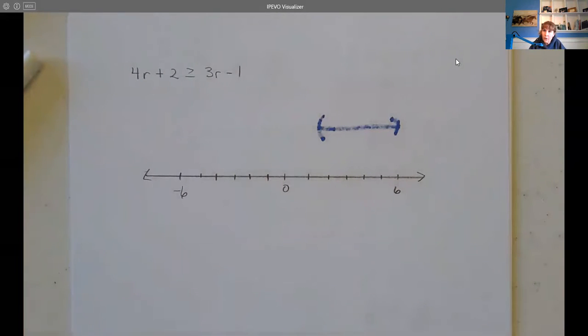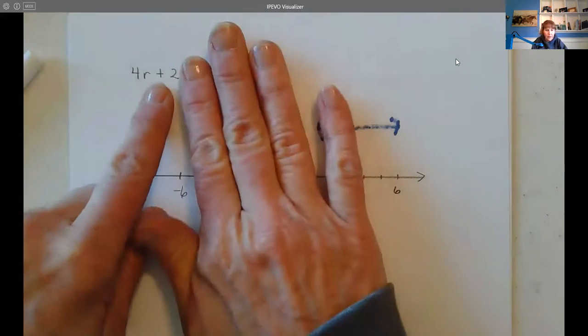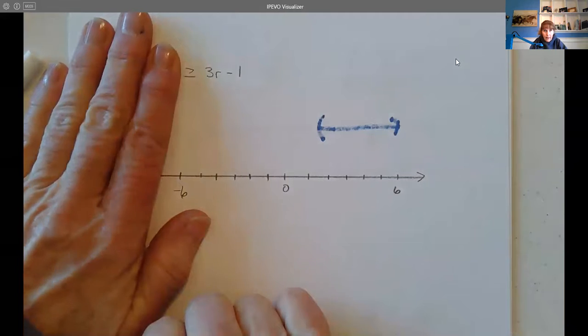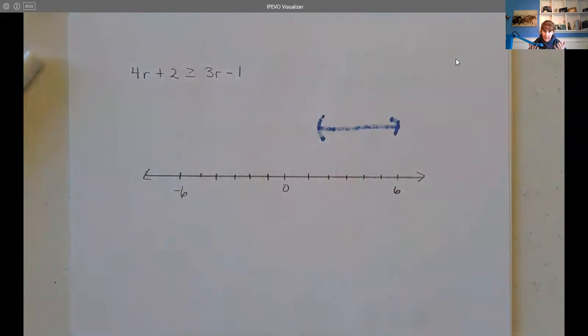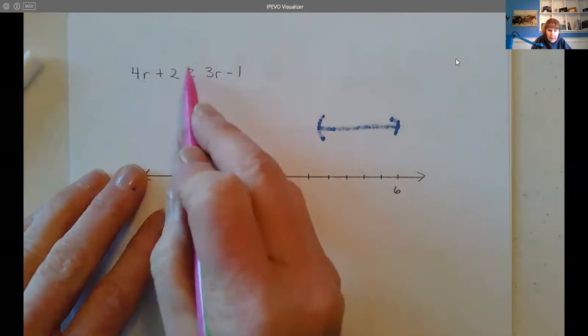Well, this one's going to require a few more steps, because there's nothing we can do here, those are not like terms. But I do have R's on both sides. So my recommendation is to move this over to here, just because of the inequality.